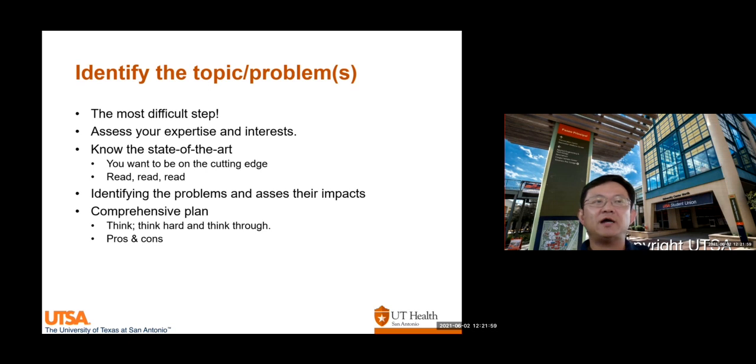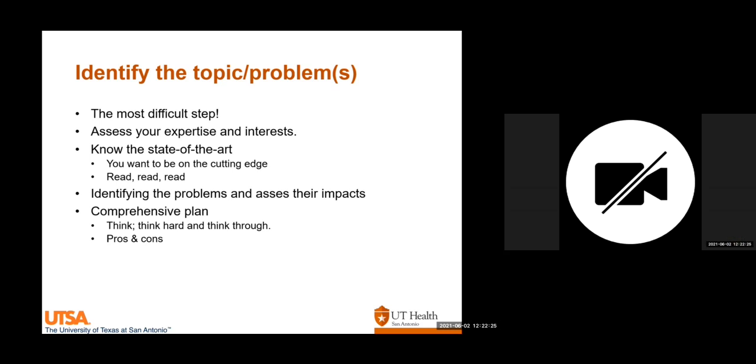Okay, and then afterwards, you want to look at the problems you identified and come up with a comprehensive plan as to how you are going to, first of all, identify these problems, to be clear about what problems you are trying to address, right? And then come up with this comprehensive plan about how you are going to go about addressing these problems, right?